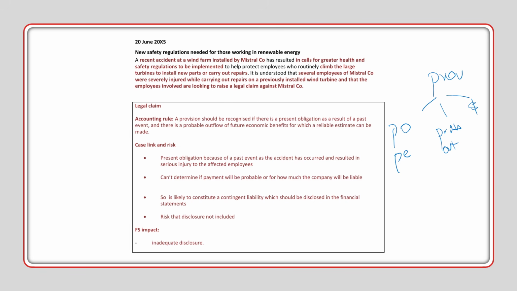Now, based on the information given, I don't have a number, so I can't comment on its materiality, so I'll jump directly to the accounting rule. I'll explain when a provision should be recognized, so present obligation, past event, probable outflow, and reliable estimate, and I can get quite a few scenario-specific risk marks.